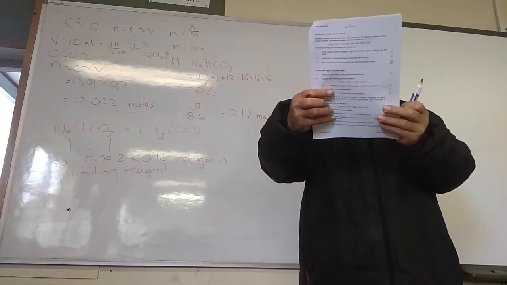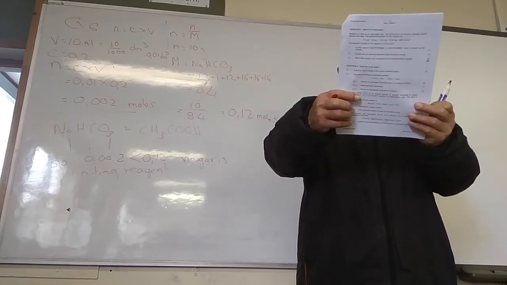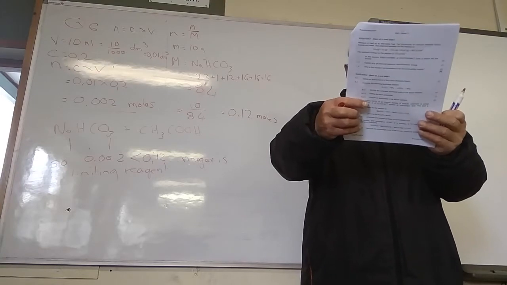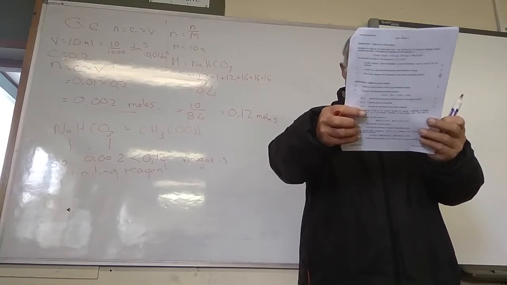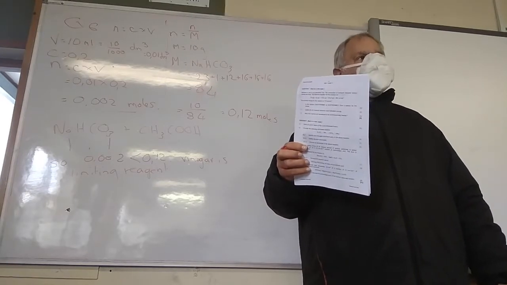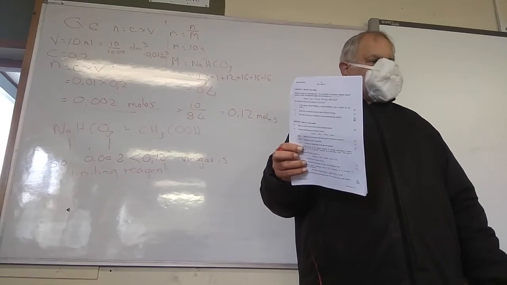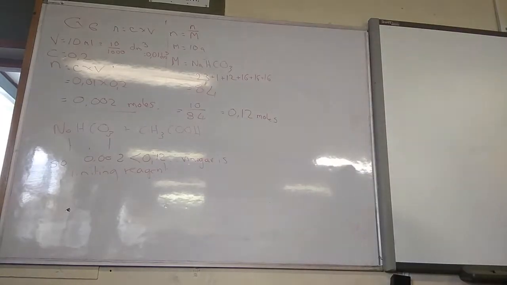So that was worth 6 marks, determining the limiting reagent. Calculate the mass of the other substance in excess. What was left over.